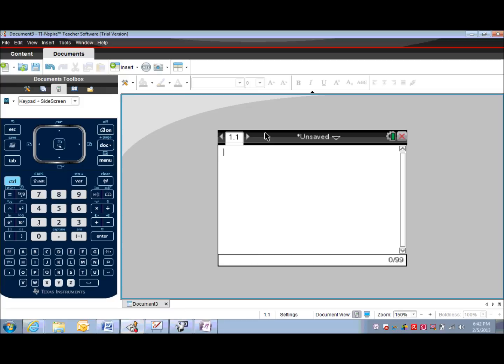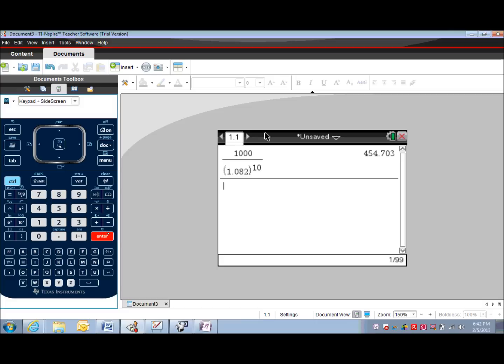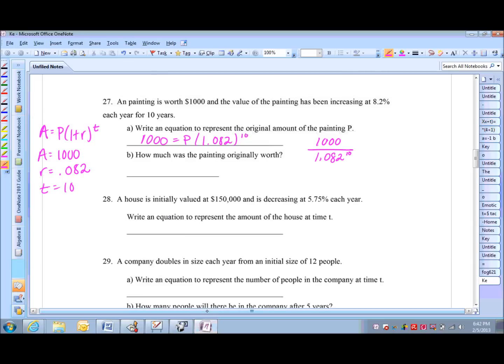So in our calculator, 1,000 divided by 1.082 raised to the 10th power is 454.703, or in a dollar amount, it's $454.70. So the painting was originally worth $454.70.